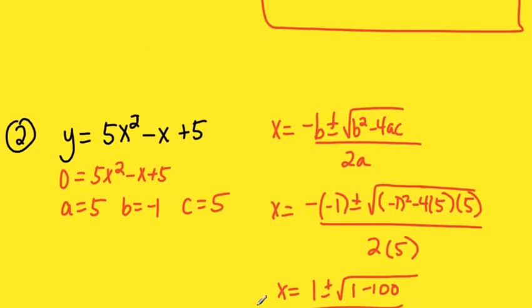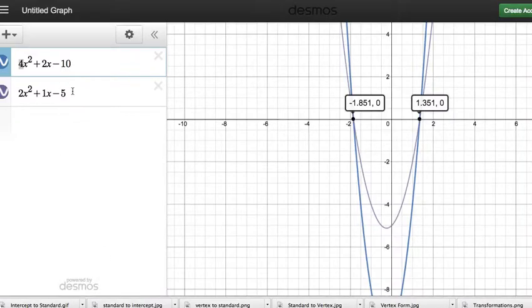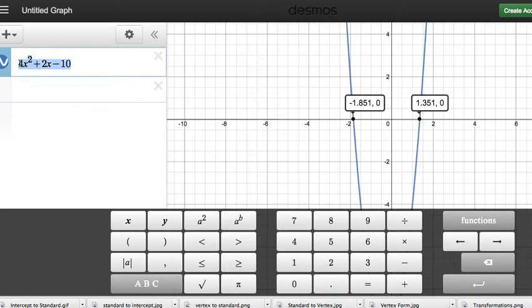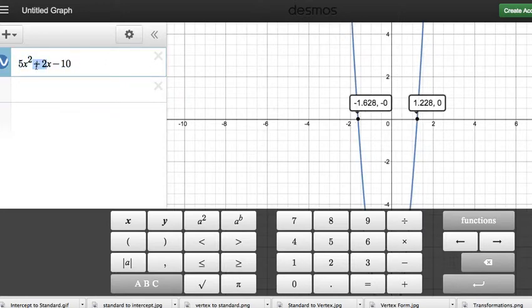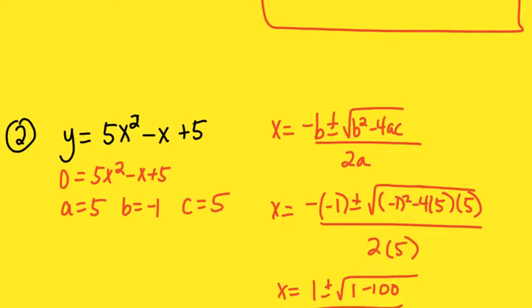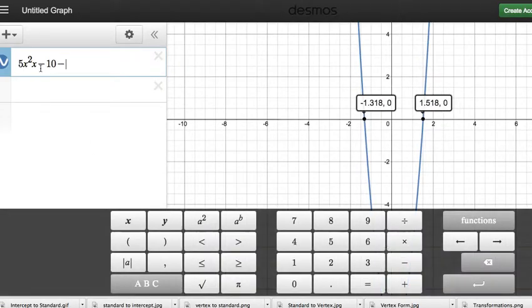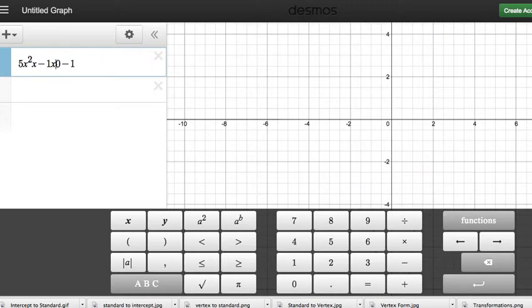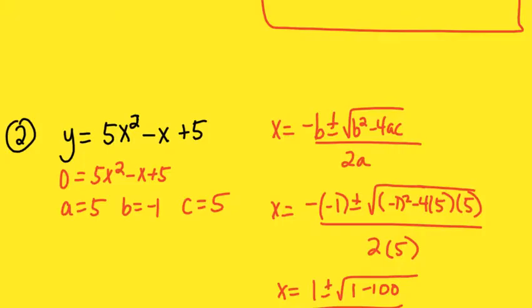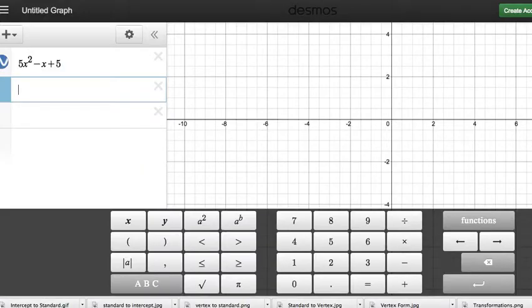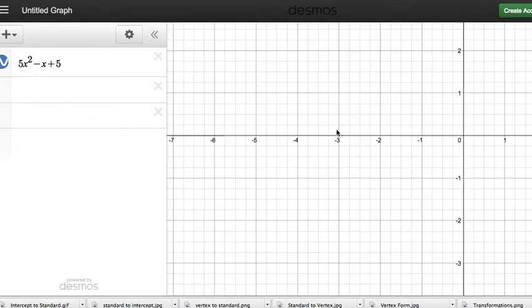I'm going to graph that just to show you. Alright, so we can't even see the graph here.